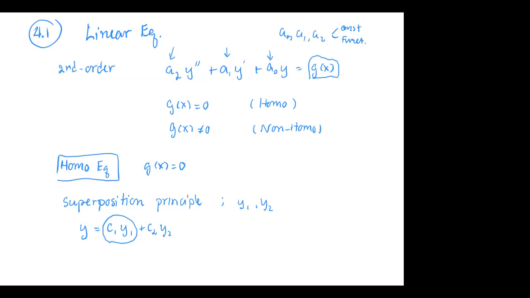Okay, let me show you an example under the corollary. I'm going to go to another page here. Say y1 equals x squared and y2 equals x squared natural log x are both solutions of x cubed y triple prime minus 2x y prime plus 4y equals 0.